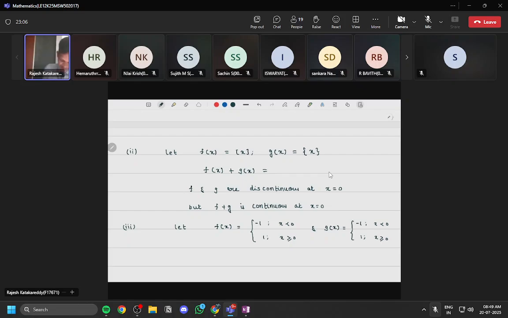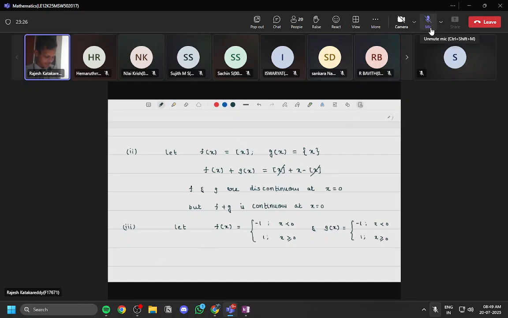Fractional part of x and then greatest integer. If you substitute here, you will get x minus greatest integer x. This will get cancelled, only x will be there. x is a polynomial function. It is continuous everywhere. Clear? That's why we say f plus g is continuous.